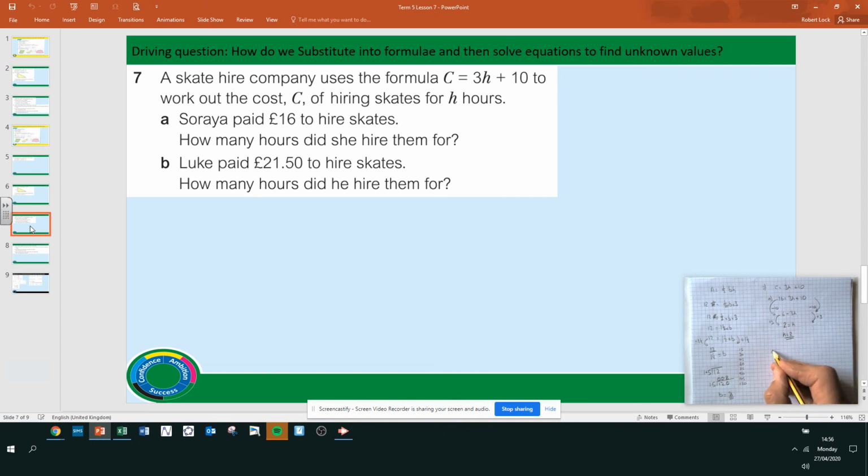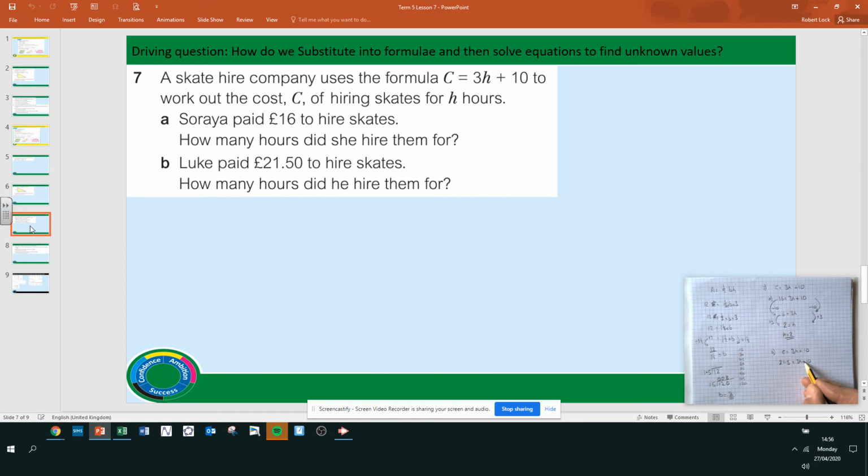Part B. Luke paid £21.50 to hire skates. How many hours did he hire them for? £21.50. So C equals 3H plus 10. So 21.5 equals 3H plus 10.